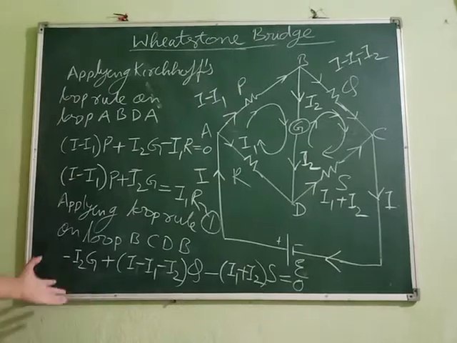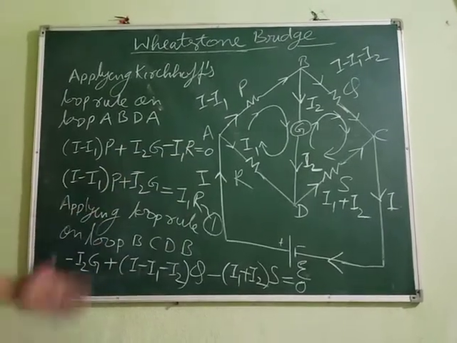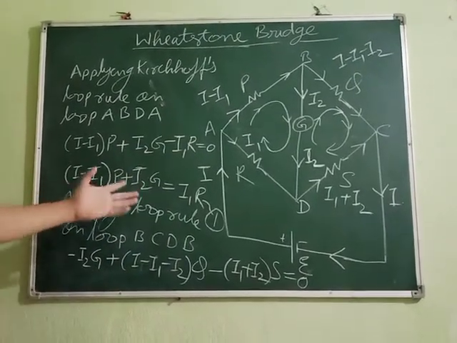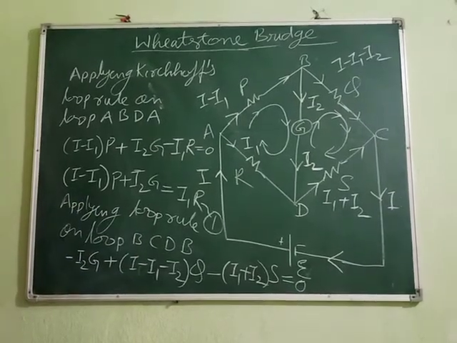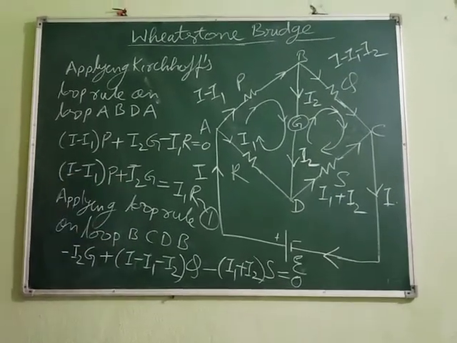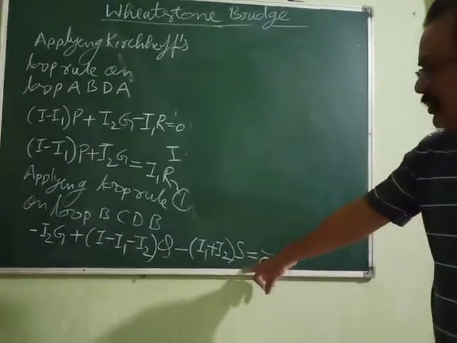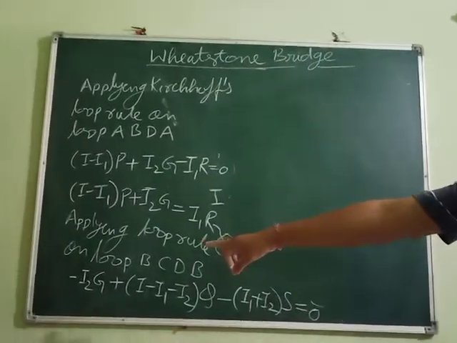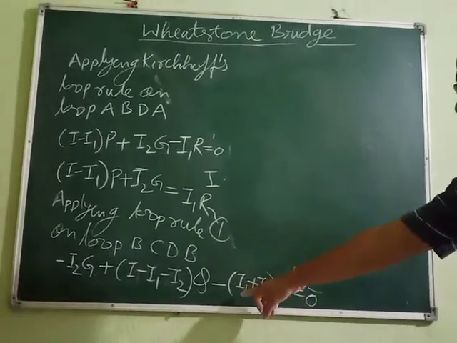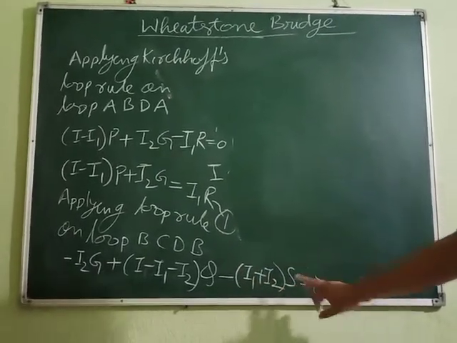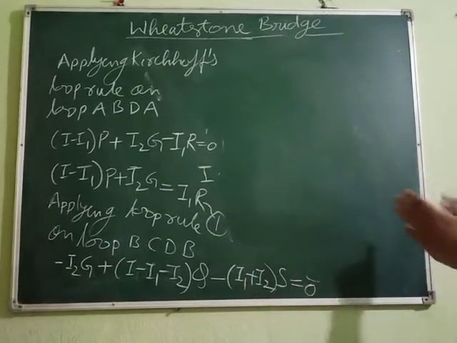Now see, we don't require the diagram anymore, because already we have derived the equations. Now we have to deal mathematically. So I am going to remove the diagram. In this expression, minus I2G is there in the beginning, and here we are having minus I1 plus I2 into S. So all the negatives we can take to the other side.